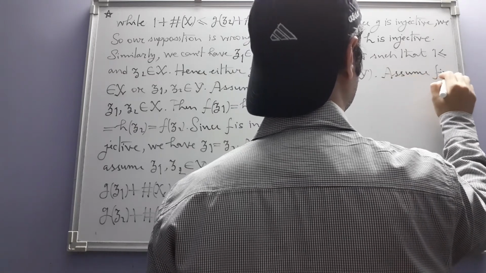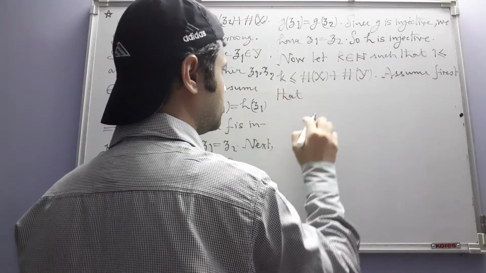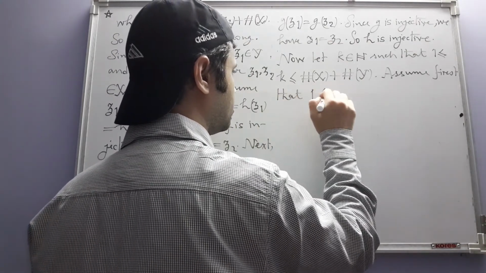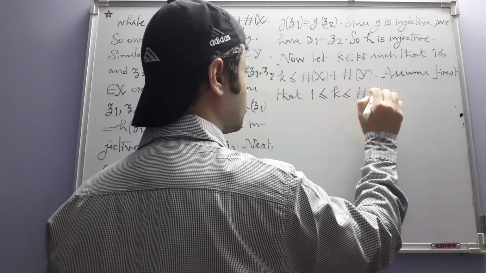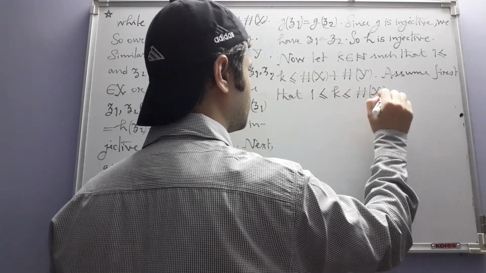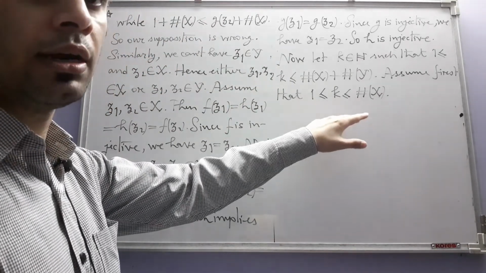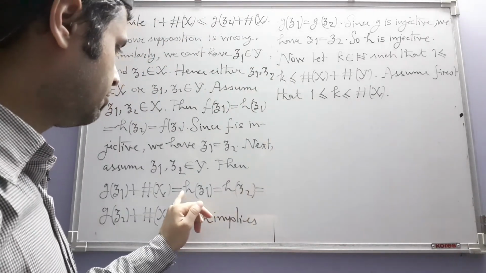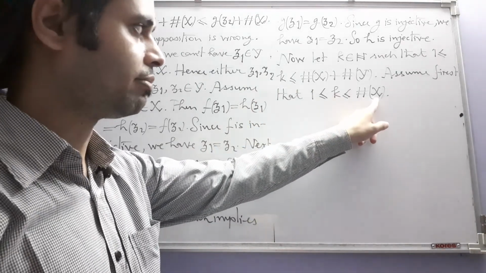Assume first that K lies between these two bounds. Now K is a natural number lying in not only the range of H but actually the range of F, because we have these bounds.